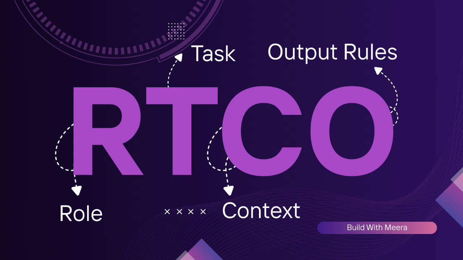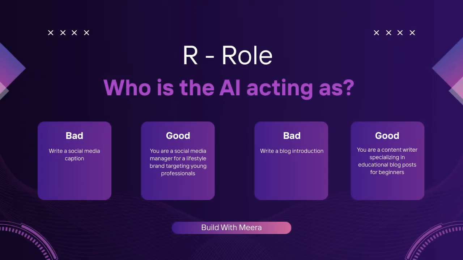Why will this work? It is pretty simple. AI performs best when the role is clear, the task is specific, the situation is defined, and then the output expectations are set. Let's break this down step by step. First, the role. The role tells AI who it should act as. It gives AI the perspective to respond from.